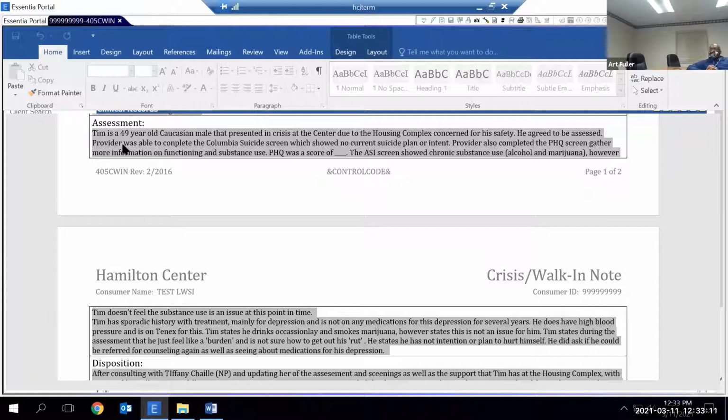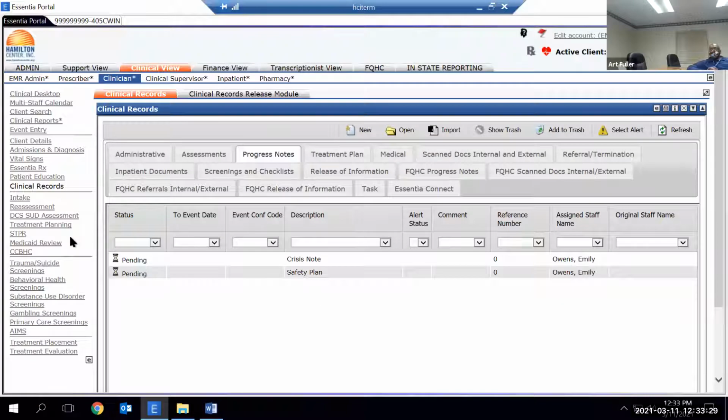Provider was able to complete the Columbia suicide screen, which showed no current suicide plan or intent. Provider also completed the PHQ-9 screen to gather more information on functioning and substance use. The score was, and you want to make sure you note that. That would be good for the on-call person to know, okay, what was that PHQ-9 score if you did that screen?